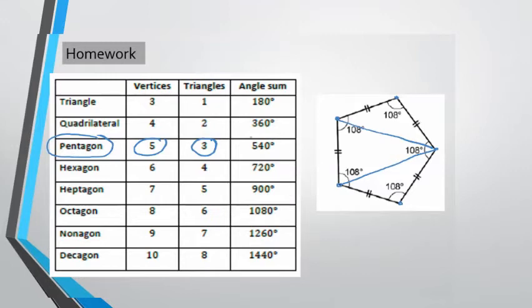And then if you add all the angles, the sum of the angles inside, it's 108 plus 108 plus 108 plus 108 plus 108, and that's going to leave me with a value of 540 degrees, the sum of the interior angles of a pentagon. Now guys, if you do that with all those quadrilaterals and regular polygons, you're going to find the answers as it is in the sketch.